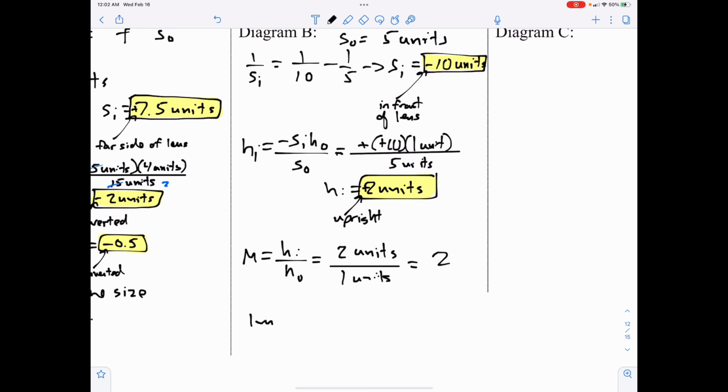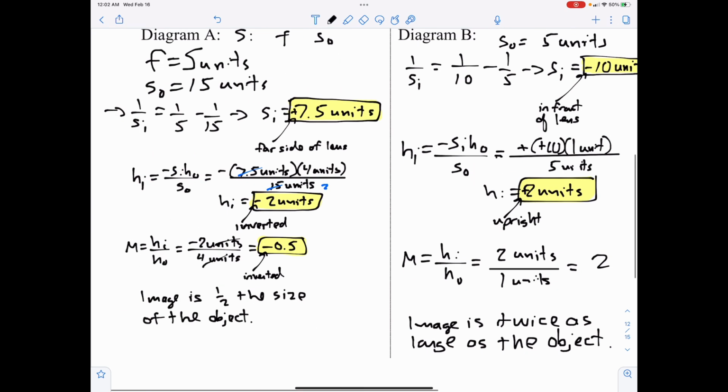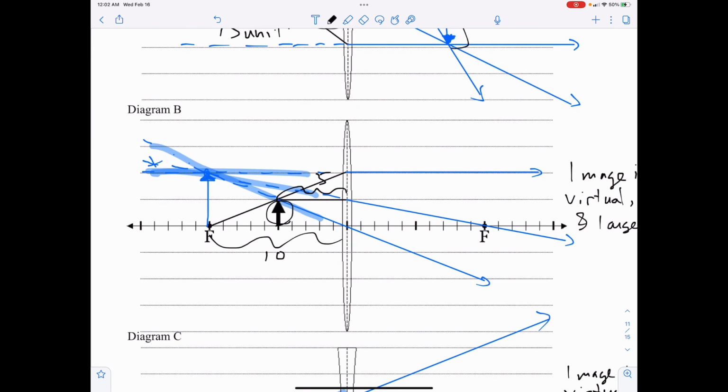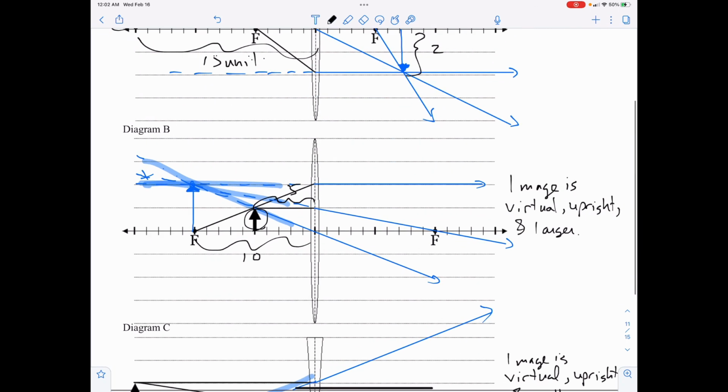So what it means is the image is twice as large as the object. And we can see that from the picture. The image is 2 units high, the object is 1 unit high. The image is appearing twice as large as the object.